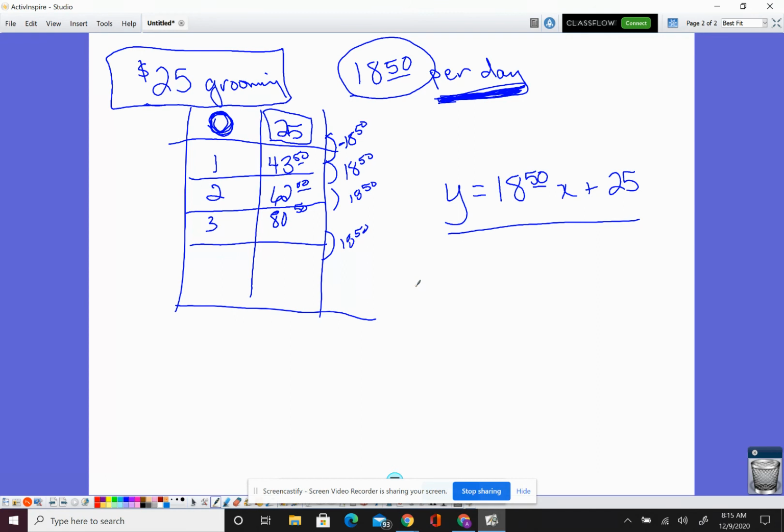So how much is he going to pay if the dog stays for 5 days? Well, we would take $18.50, times it by 5, and add 25 onto it. So he's going to be charged $487.